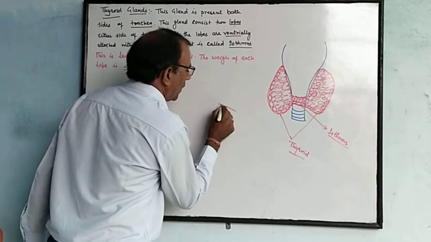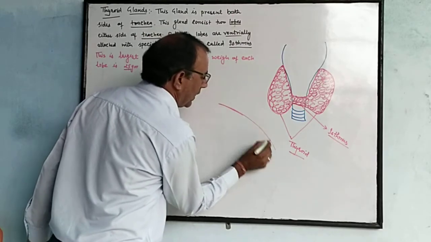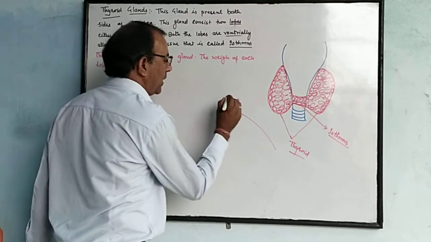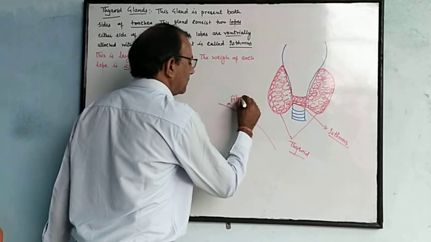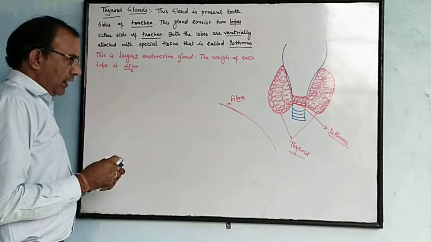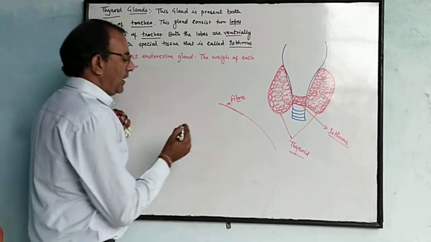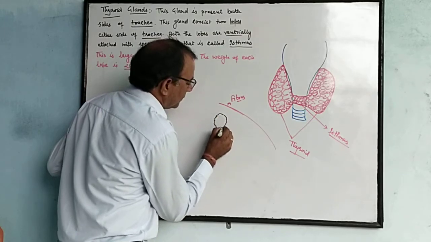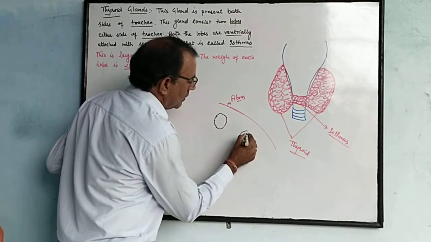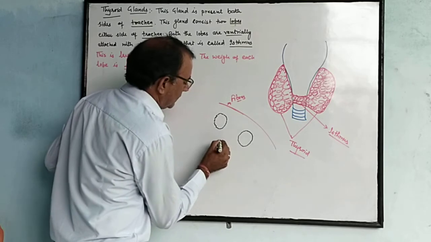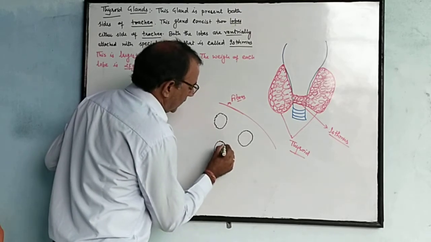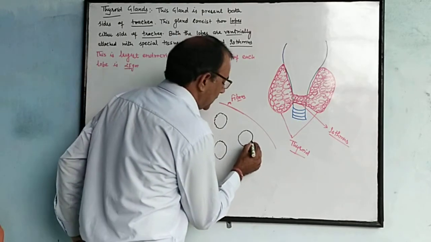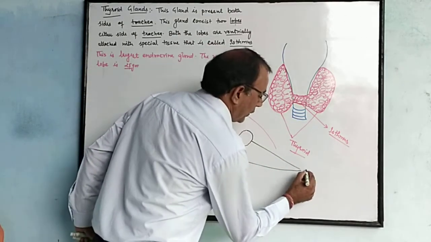Suppose when we draw the anatomical structure of the thyroid gland, this is the outermost layer of the thyroid and it is made up of fibers. In the thyroid gland, there are many follicular cells present. These are the follicular cells, or you can say thyroid follicles.